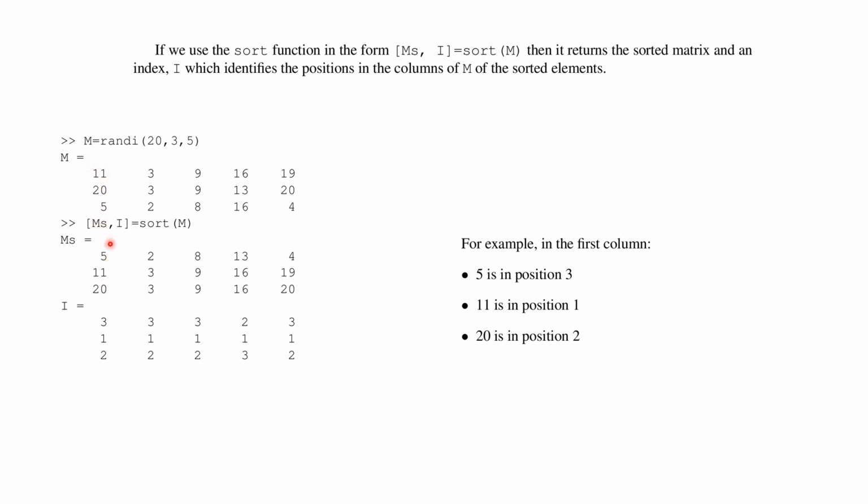And this one tells you the index in the original matrix. So here, this 5 was in position 3. The 11 was in position 1, and so on. So it produces two matrices, the sorted matrix and the index, telling you where they were in the original matrix.